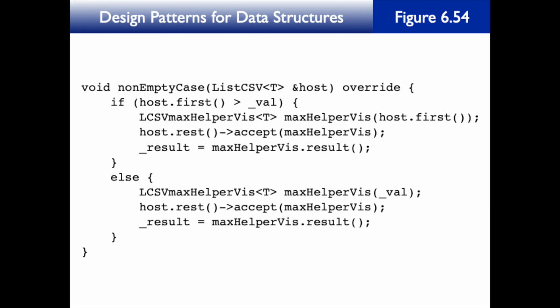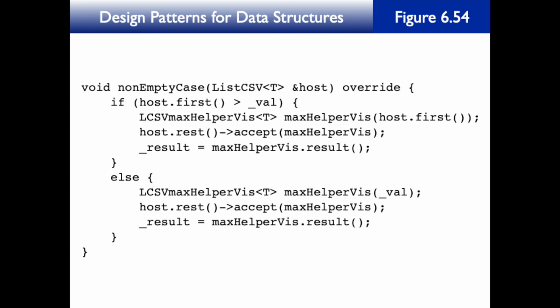And then in the next part of the slide, this is the part that had the trinary operator, and you remember our trinary operator compared underscore data with val. So here what we are comparing is host.first, which corresponds to the old underscore data. We say if host.first is greater than val, then what do we do? We have to call the max helper.